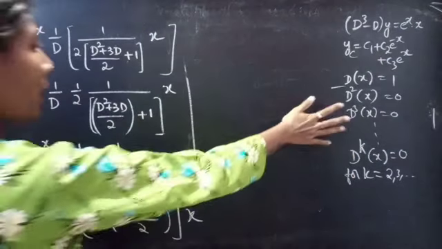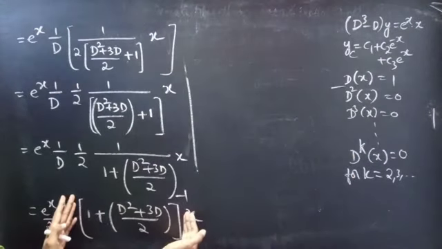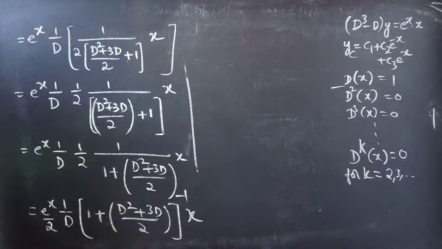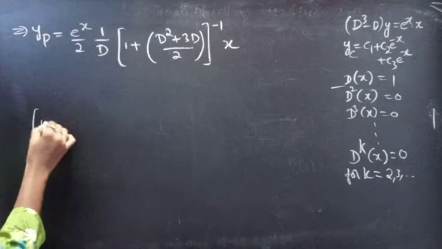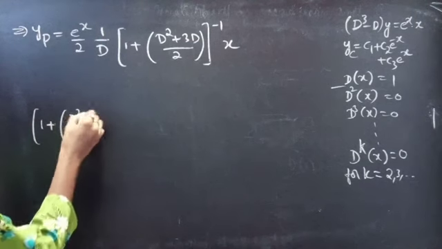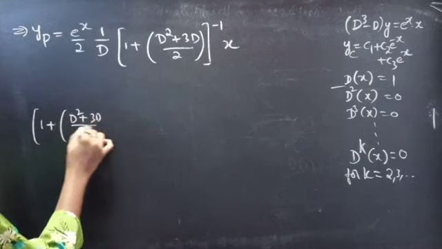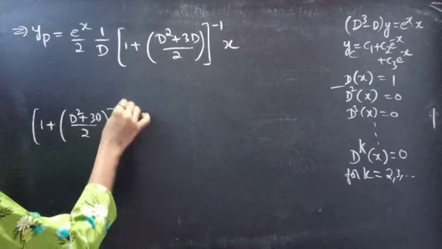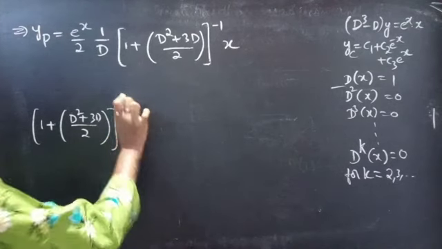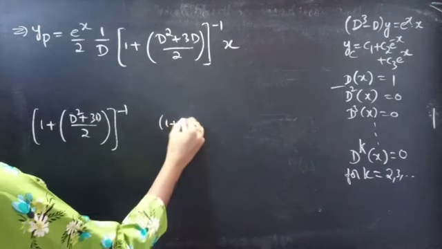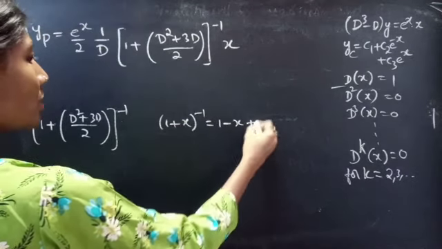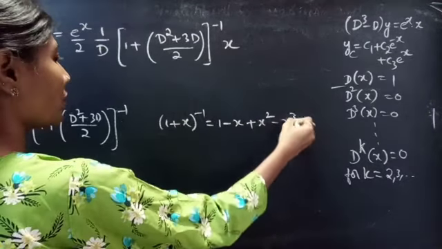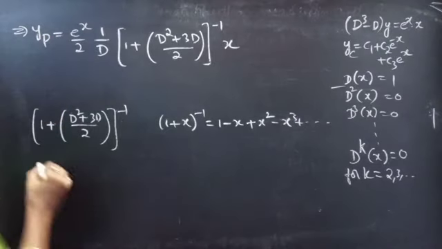Now keeping this in mind, we'll expand this using binomial series expansion. Let's expand (1 plus (D square plus 3D by 2)) whole inverse using the expansion of (1 plus x) whole inverse, which is 1 minus x plus x square minus x cube plus so on.